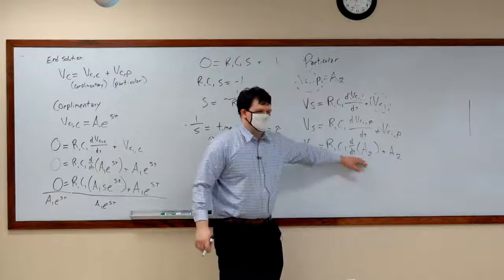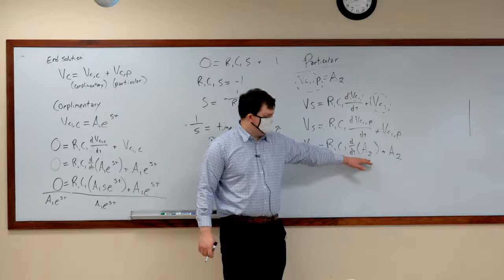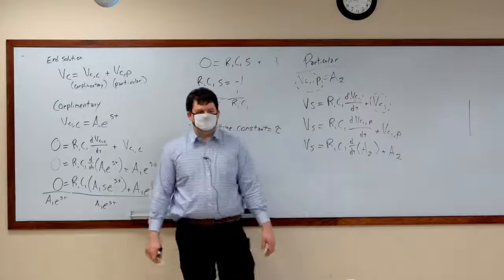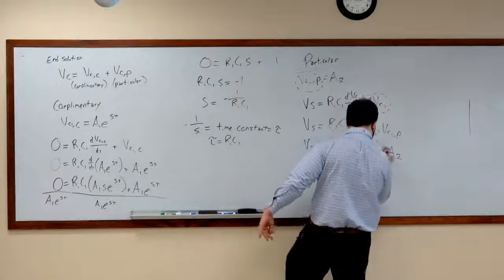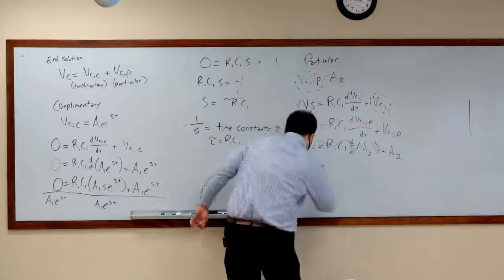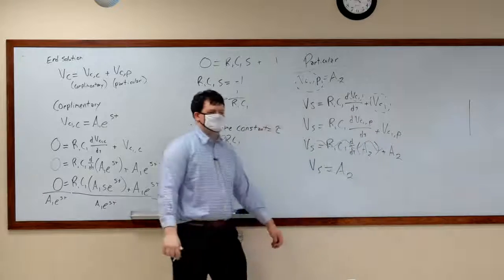What is this derivative? What's the derivative of a constant? It's 0, which means this piece goes away. And what we're left with is that.